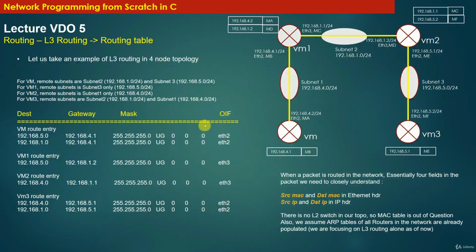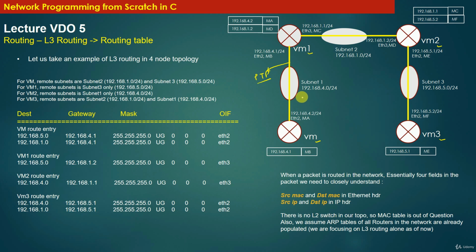You can see that in this topology we have four routers. The names of the routers are VM, VM1, VM2 and VM3, right? You can see that all these four routers are connected via point-to-point links. So this is a point-to-point link, right?